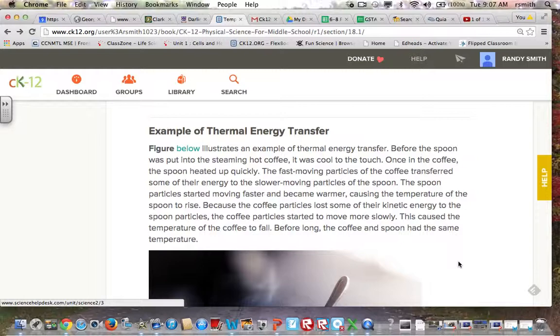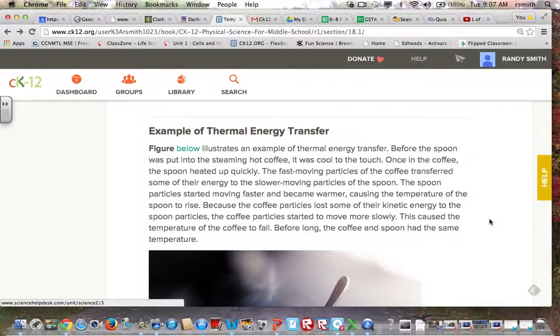Example of thermal energy transfer. Here we go. The figure below illustrates an example of thermal energy transfer. Before the spoon was put into the steaming hot coffee, it was cool to the touch. Once in the coffee, the spoon heated up quickly. The fast-moving particles of the coffee transferred some of their energy to the slower-moving particles of the spoon.